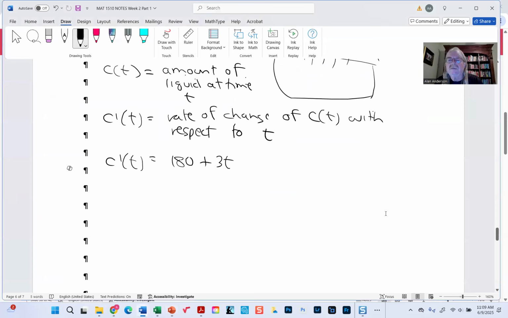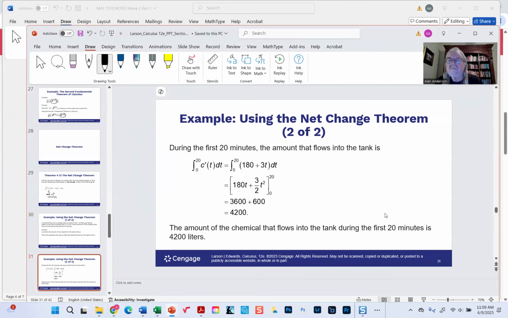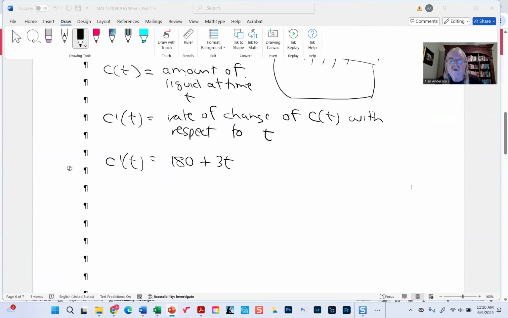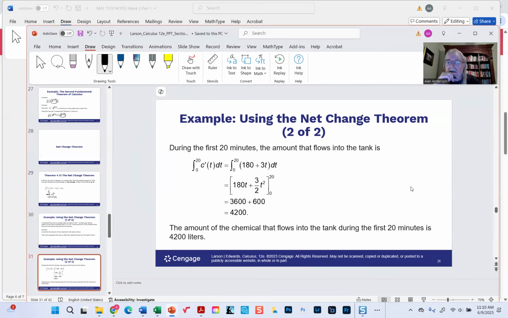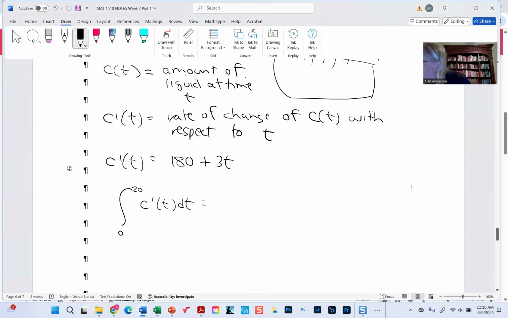So here's what you're going to do. You're going to integrate from 0 to 20. Remember, according to the second fundamental theorem of calculus, that means all we have to do is integrate 180 plus 3t, and then evaluate it over the interval from 0 to 20.